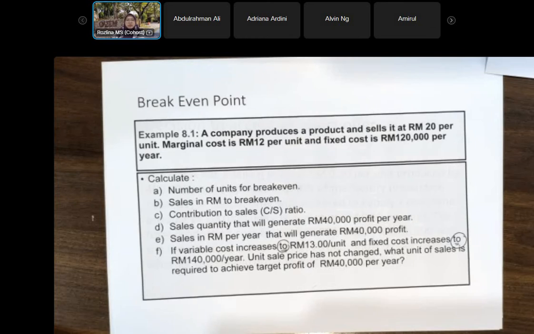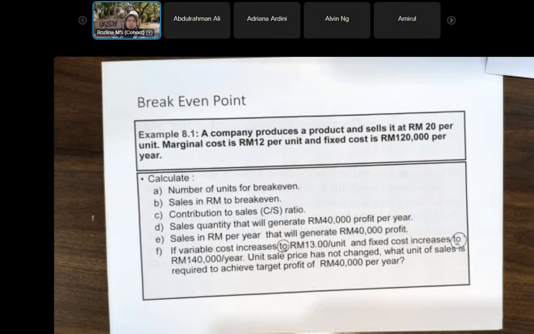Okay, so you have to compare. Okay, first one is the normal production. Okay, the normal production, yang ni dia calculate earlier lah. What is variable cost per unit? Okay, 56,000 minus 16,000 and divide by 400,000. So that means the variable cost per unit is 10 cent per unit.